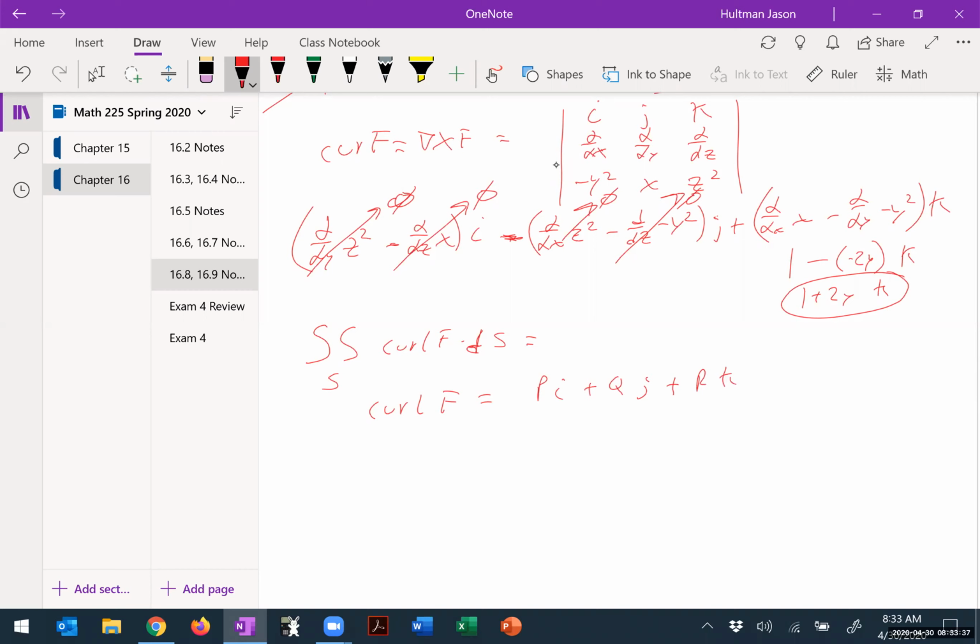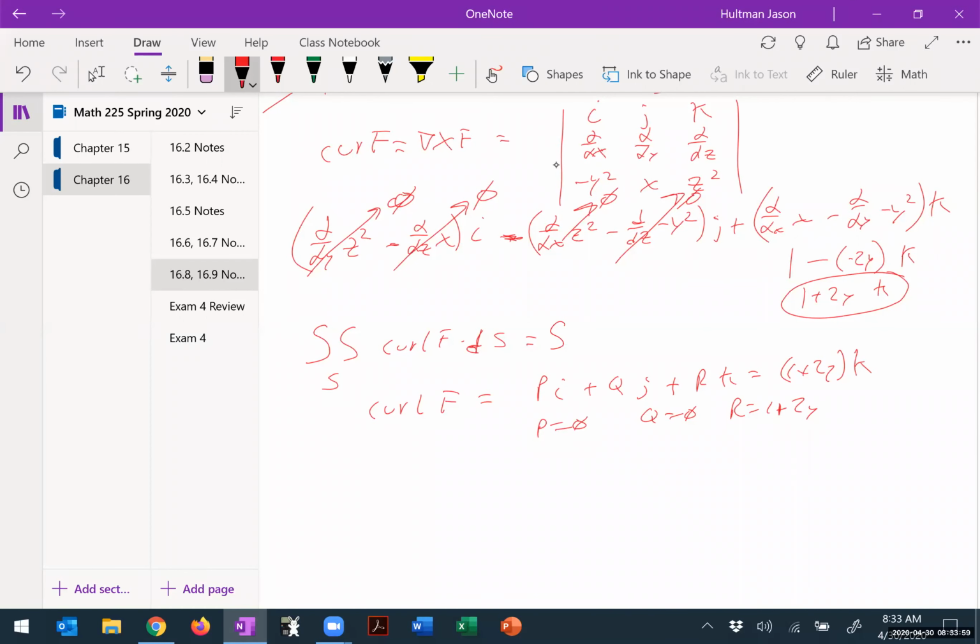So what's P, Q, and R in this case? Well, P has to be 0, because this is 1 plus 2y k. So P is 0, Q is 0, and R is 1 plus 2y.